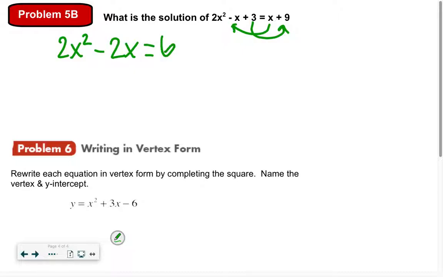6. Okay, step 1, all our x on one side, constants on the other side. Okay? Step 1, part 2. What do I want with my x squared? Divide by 2. I just want a 1 out there. So I divide by 2.